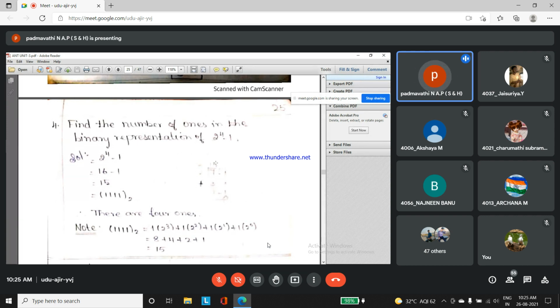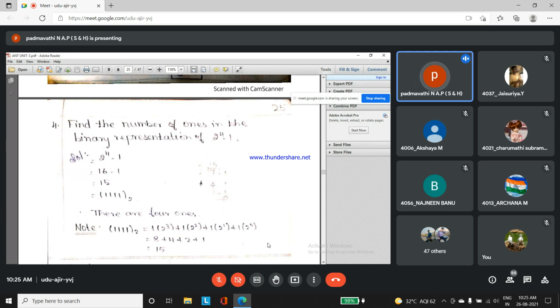15 divided by 2 gives quotient 7 and remainder 1. Then again divide by 2: 3 twos are 6, remainder 1.